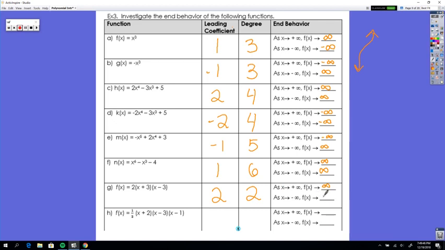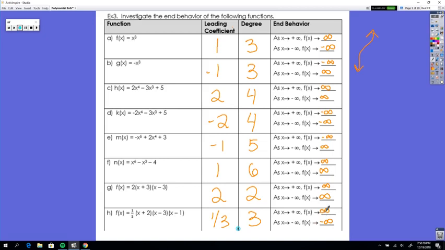As x approaches negative infinity, f of x approaches positive infinity. And here you see we have 3 x's, which gives us a degree of 3, and a leading coefficient of 1/3, which makes as x approaches positive infinity, f of x approaches positive infinity. And as x approaches negative infinity, f of x approaches negative infinity.